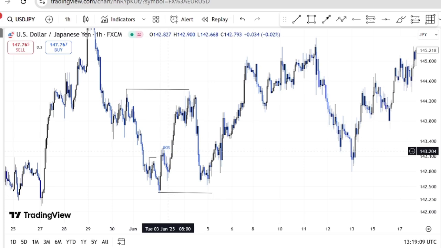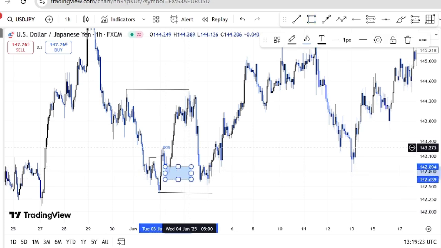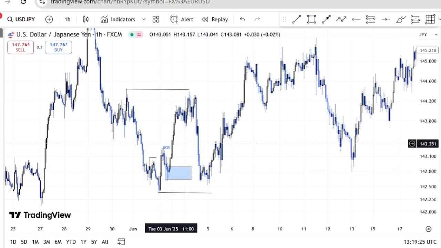Now having this break of structure, the mistake a lot of persons make is that after having this break of structure to the upside, the next thing they want to do is mark this order block here, because this was responsible for the break of structure at this point to the upside.